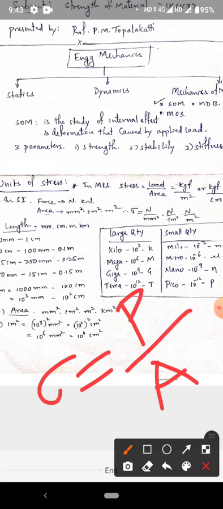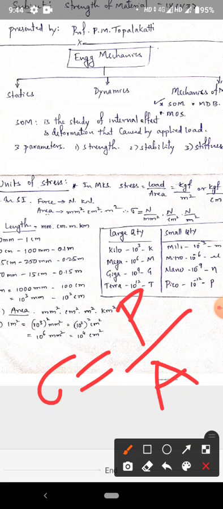This area depends on the different types of geometrical shape of the member. If you are using a square, the area will be B into B. If it is a rectangle, the area will be B into D. If it is a circle, the area is pi by 4 into D square. And if it is a hollow circle, the area is pi by 4 into capital D square minus small d square, where capital D is the outer diameter and small d is the inner diameter.